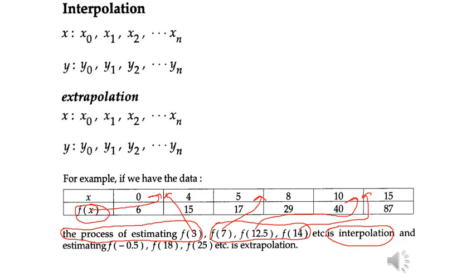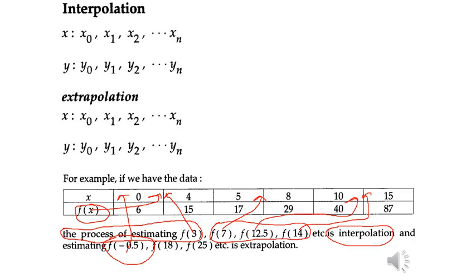Now what do we mean by extrapolation, which we have already defined? See, the process of estimating f of minus 0.5. Where is minus 0.5? This minus 0.5 will be outside this range, that is, left to 0.